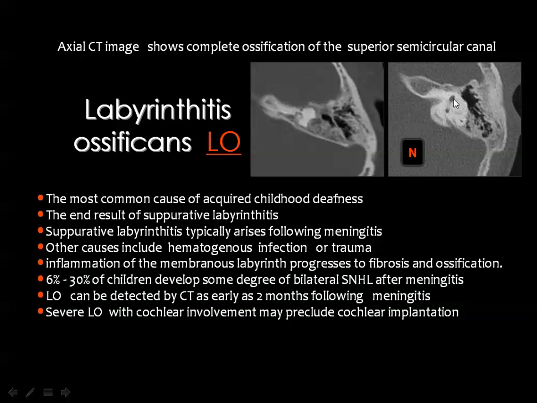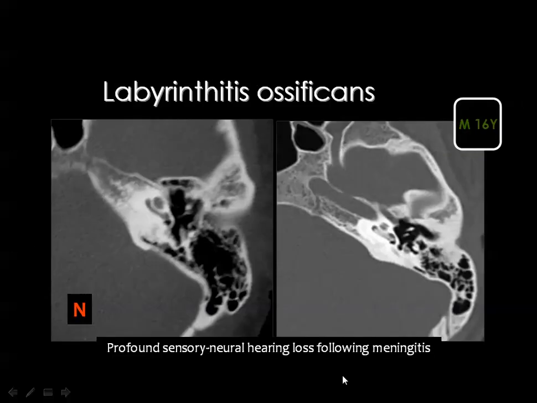In normal condition, you see the vestibule and the lateral semicircular canal, the posterior semicircular canal, the vestibular aqueduct. But in cases of labyrinthitis ossificans, you see total ossification of the superior semicircular canal.